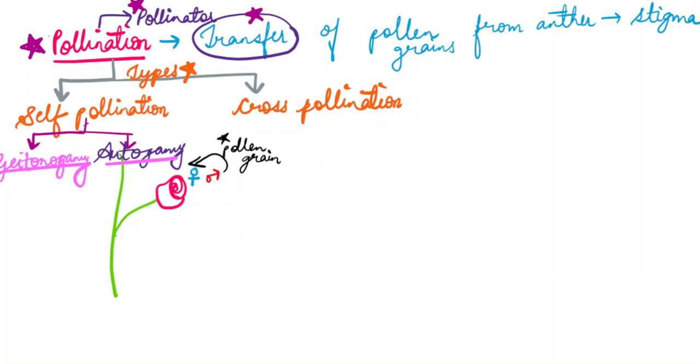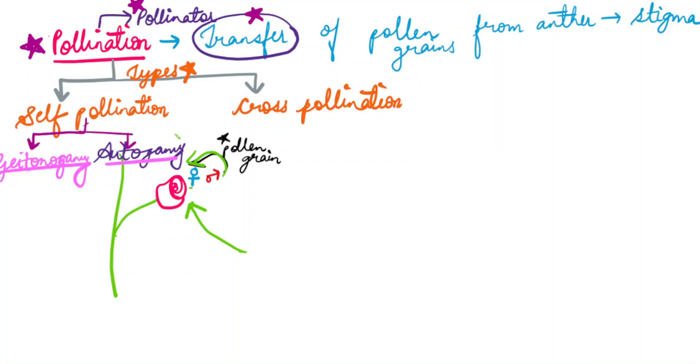If this is the plant which I have shown here, the pollination occurs within one flower. Within one flower the anther, the male part, is giving pollen to the stigma, the female part.